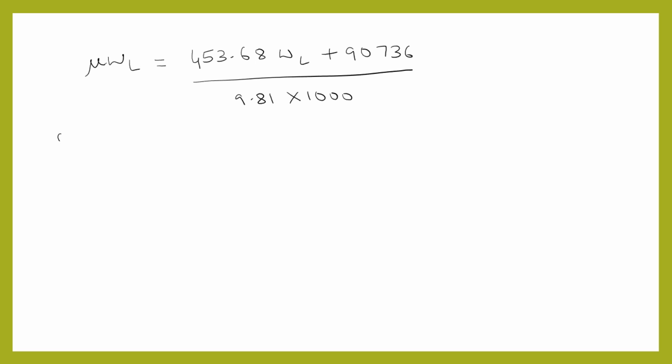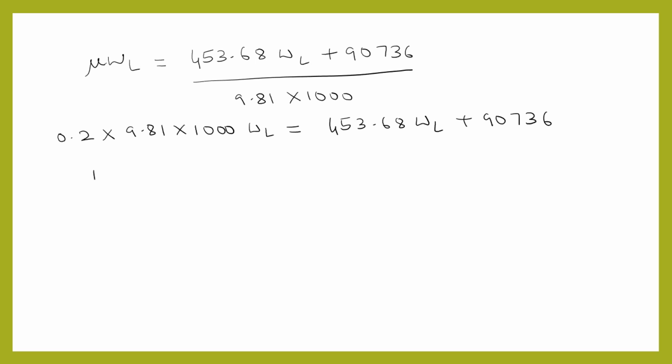We have mu as 0.2, therefore 0.2 into 9.81 into 1000 WL equal to 453.68 WL plus 90,736.